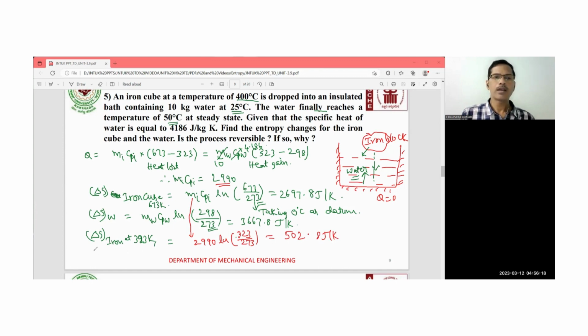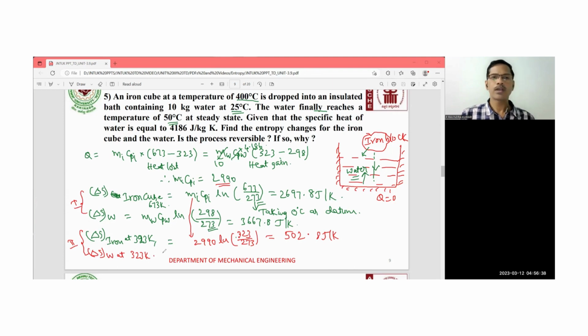Again this delta S for the water at 323 Kelvin. So try to understand these two, that is, this is the second phase and this is the first phase, right?